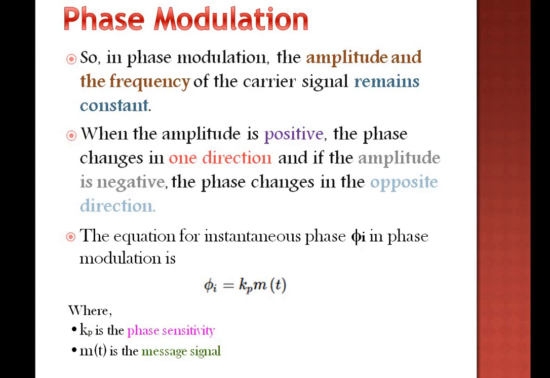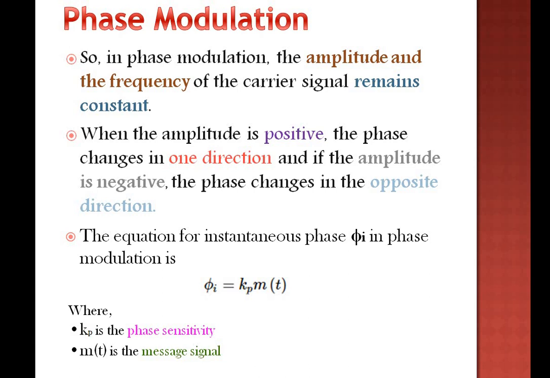In phase modulation, the phase changes while amplitude and frequency stay constant. In frequency modulation, frequency changes while phase and amplitude are constant. In amplitude modulation, amplitude varies while frequency and phase are constant, correct?